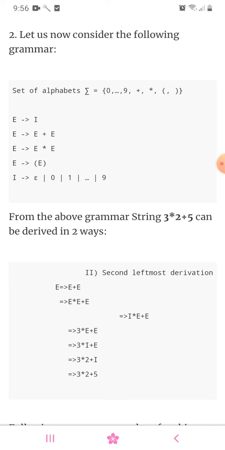The second leftmost derivation is represented by E gives E plus E. Now we can convert E into E plus E. Now replace E by I into E plus E. Now we can replace I by 3 into E plus E. Now we can replace E by I, 3 into I plus E. Now we can replace I by 2, 3 into 2 plus I, and finally we got the string 3 into 2 plus 5.